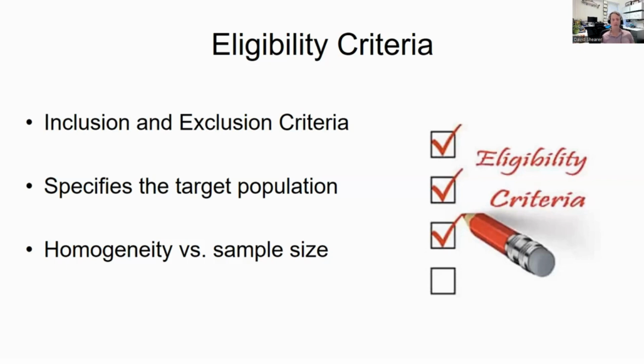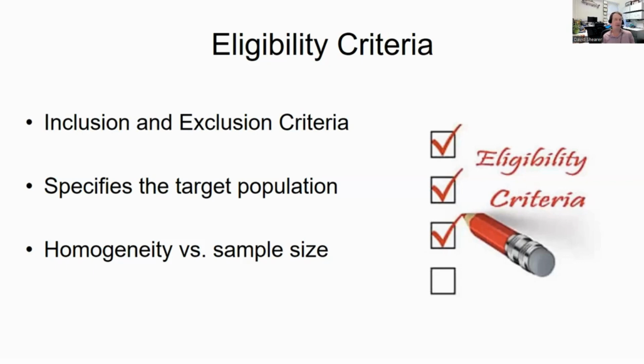On the other end of the spectrum, if you do go too broad with your eligibility, you may end up with a situation where you have patients in your study who respond differently to your intervention and your control. So maybe open and closed fractures might have very different responses to your intervention and your control.